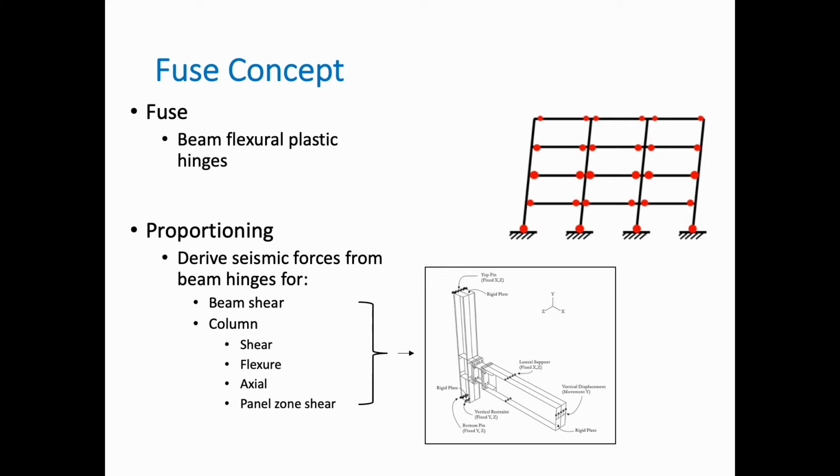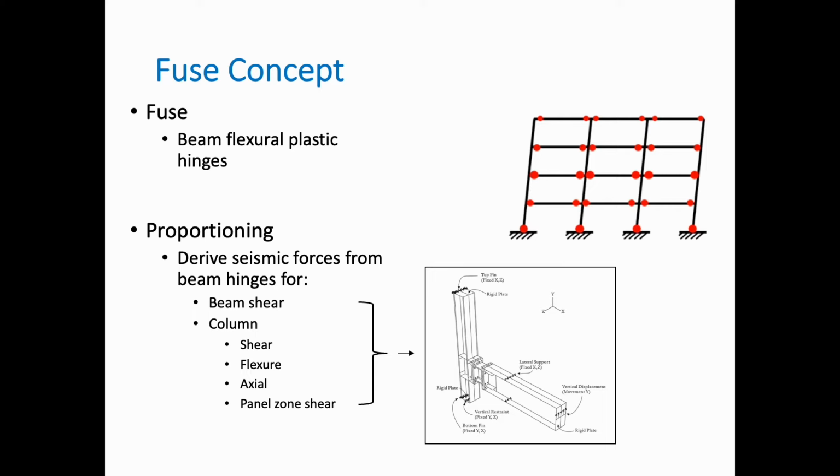We then make sure that the beam is governed by flexure and not shear, especially for the moment resisting frames, as well as, as we'll see later on, for those that use the RBS connections. We definitely want them to be governed by flexure. And also we derive other forces in the columns, such as the shear and the flexure.